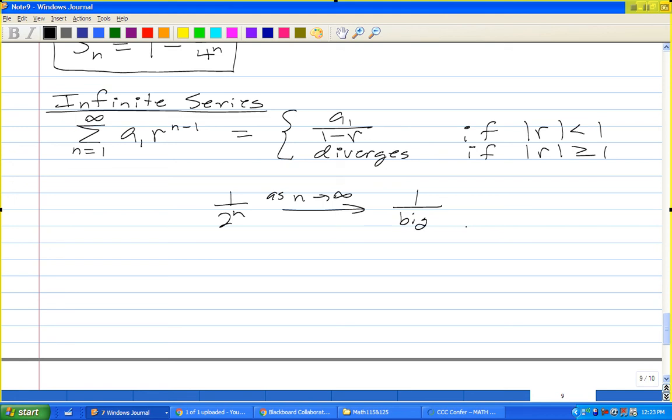So what's 1 over a billion? Well, that's small. What's 1 over 100 billion? That's even smaller. And so 1 over something that's getting gigantic is getting smaller and smaller and smaller, and it becomes something very tiny.